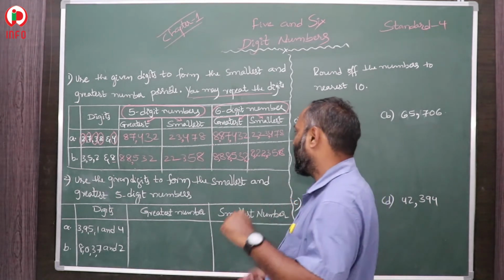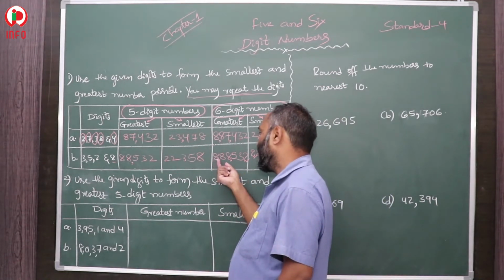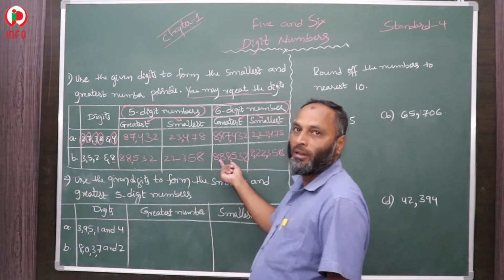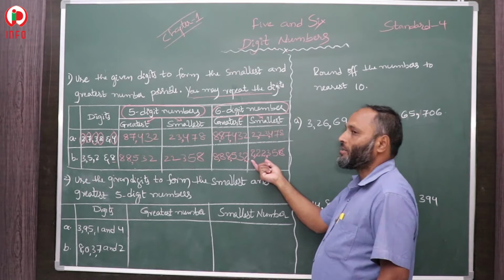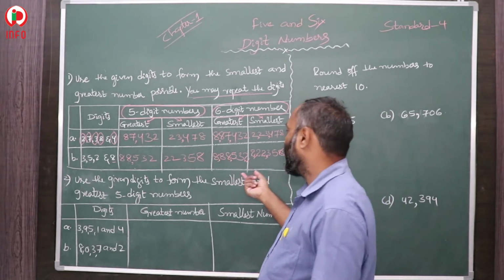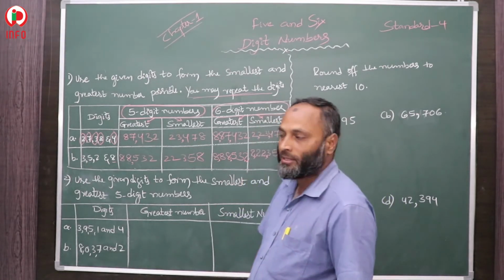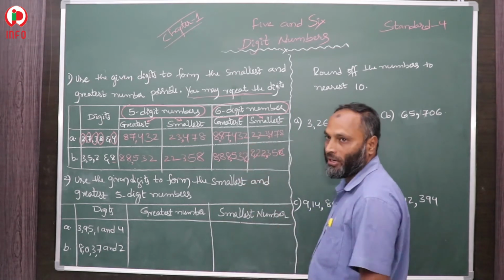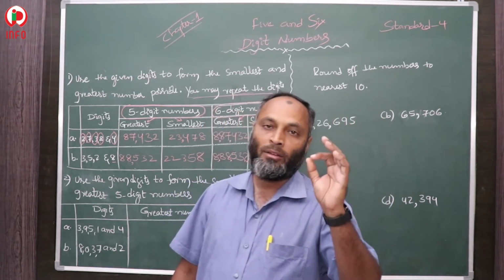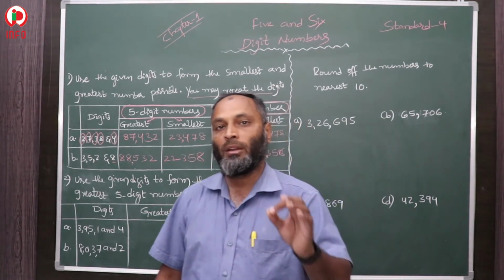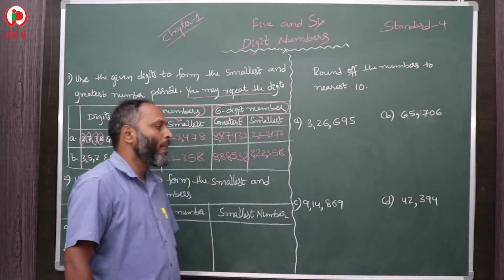For that, we have to repeat the greater number 2 more times in preparing the greatest number, and in preparing the smallest number, we have to repeat the smaller number twice. Then we will get the smaller number and greater number. This is the method to find and write the smallest and greatest numbers.